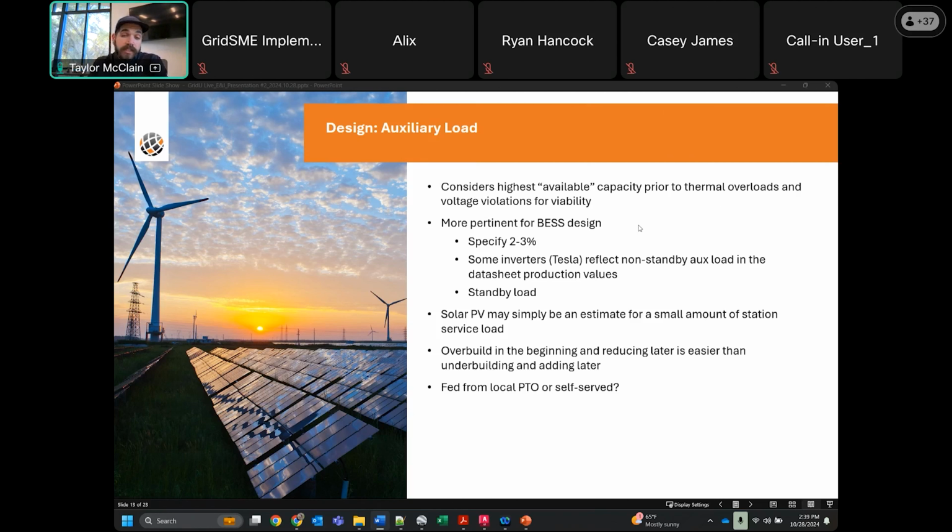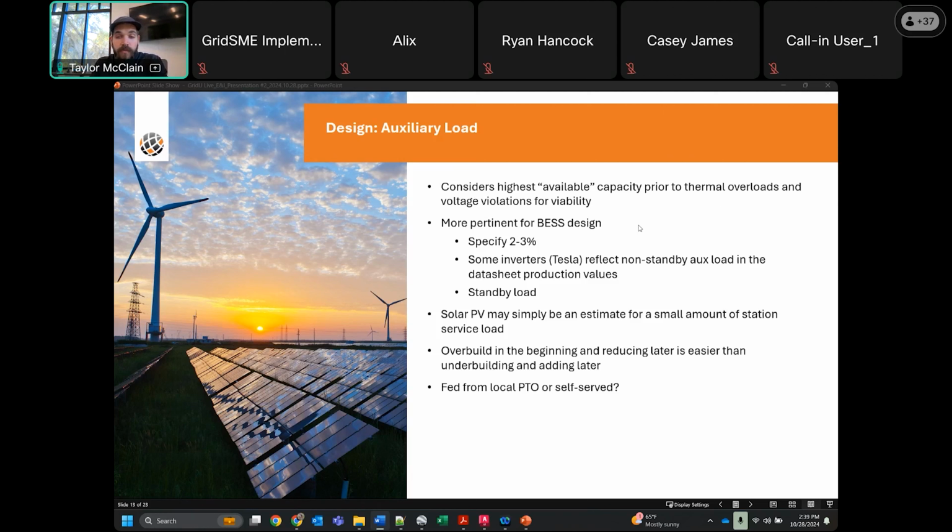I think it's probably cheaper to feed your own load, but in some cases, maybe for your design, you would like to be fed from the local distribution service. And in which case, you would need to start those conversations with the distribution service provider.